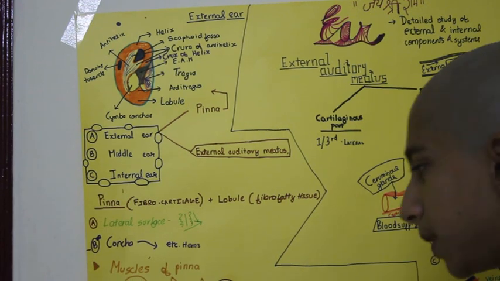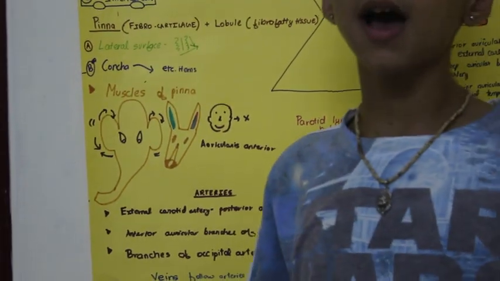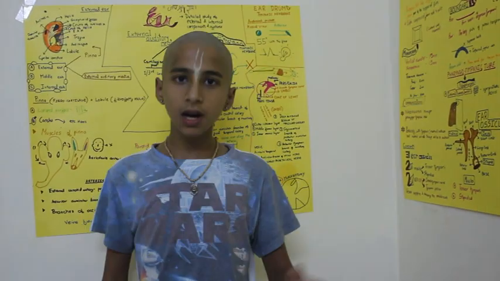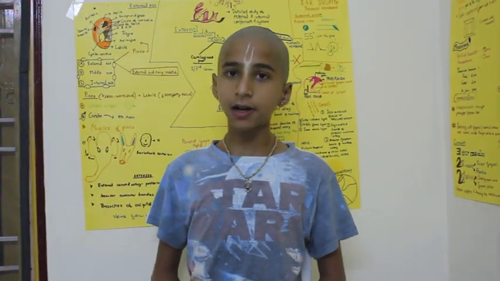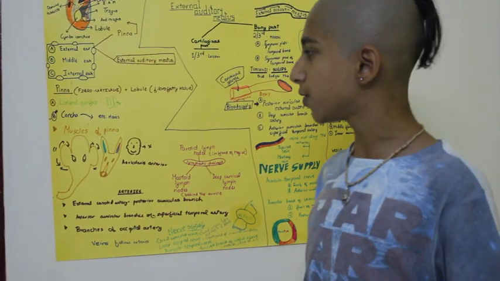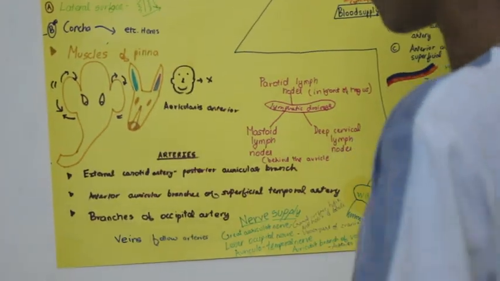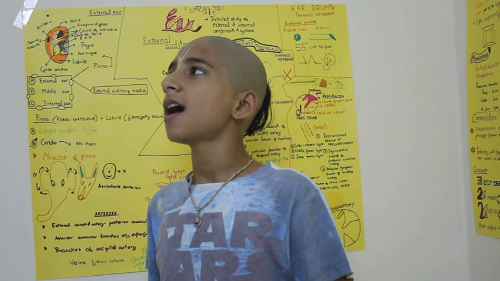And the muscles of the pinna. We're going to explain the muscles of the pinna now. The pinna has many muscles: auricularis anterior, auricularis posterior, auricularis superior, helicis major, helicis minor, tragicus and antitragicus are the different muscles present in the ear. They have no significant function in humans because we don't move our ears like animals.